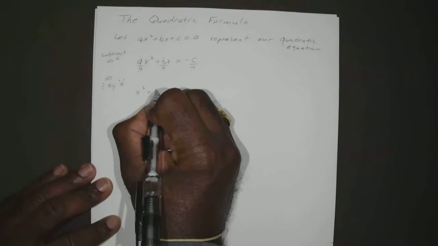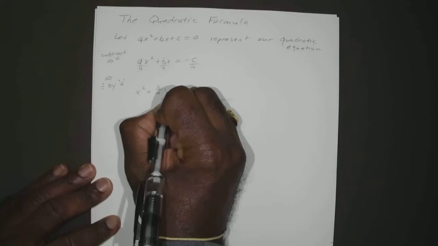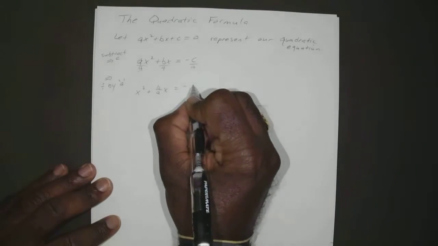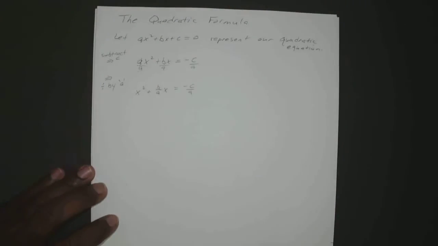So you have x squared plus b divided by a x equals negative c over a. Okay. So if you look at it, what we've done, we've isolated our x terms. So since we isolated our x terms, might as well complete the square.